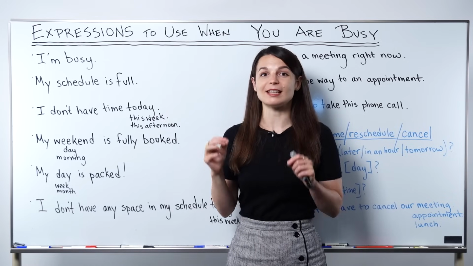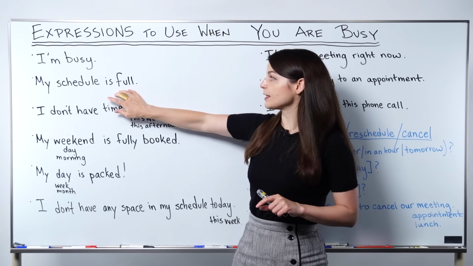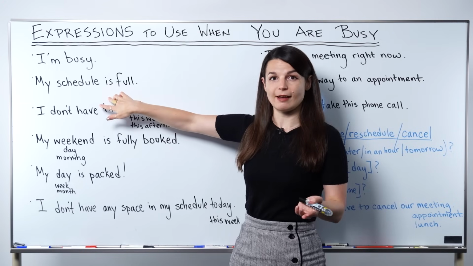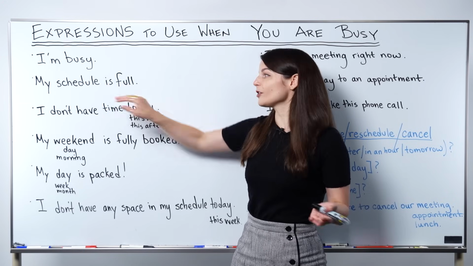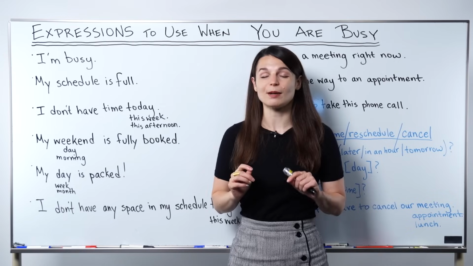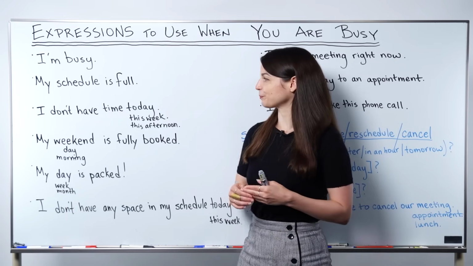My schedule is full. That's what this describes. You can make this more specific. You could say, for example, my schedule is full today, or my schedule is full this week. But if you want to express that you are at 100% capacity for your time, you can say, my schedule is full.